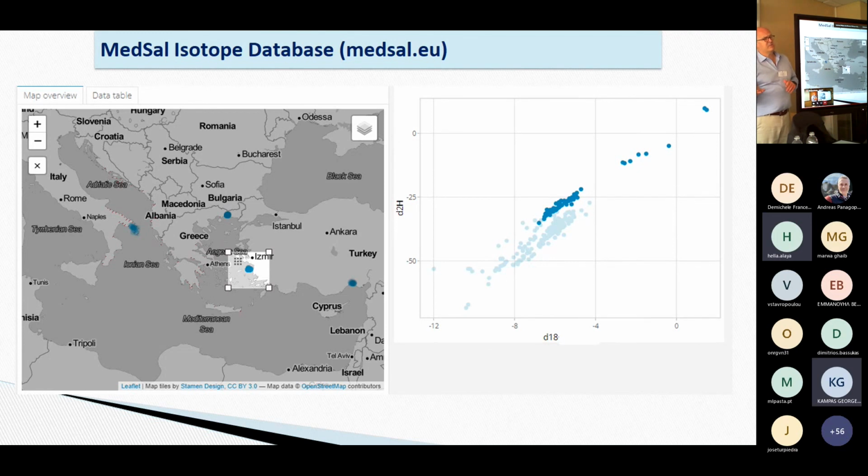Now from these samples we can actually make a backtracking to find the original isotopic composition of the source water before the water became saline in the lagoons. So we know from where the water comes, what the original source is, and we can compare it to the other sources.